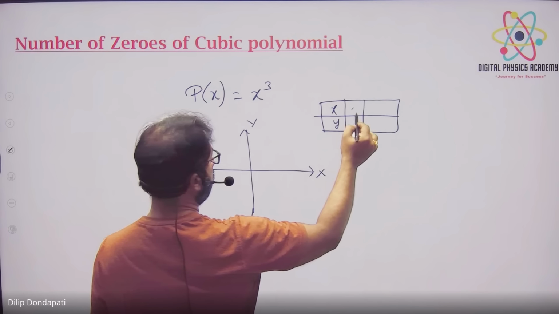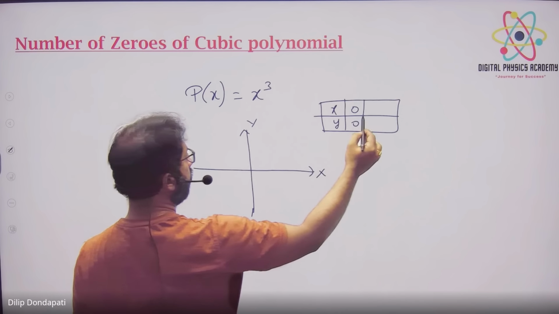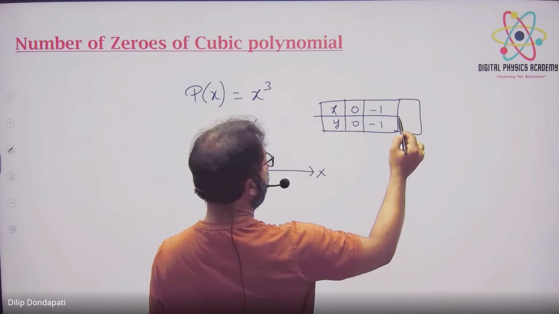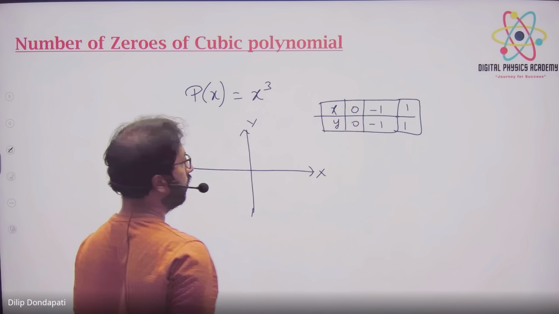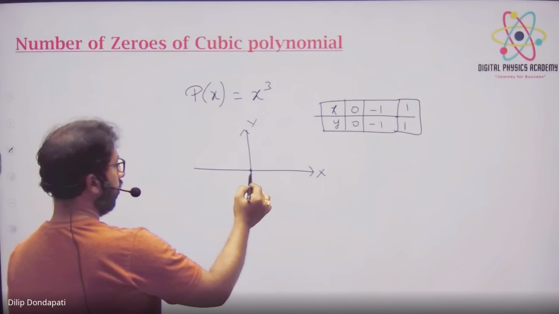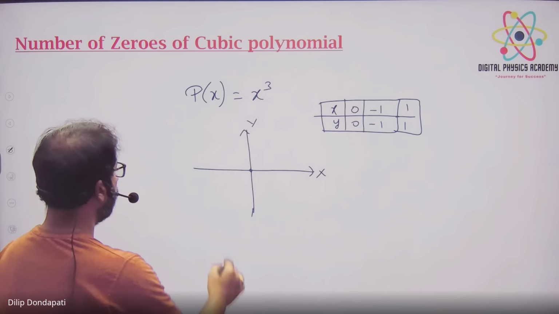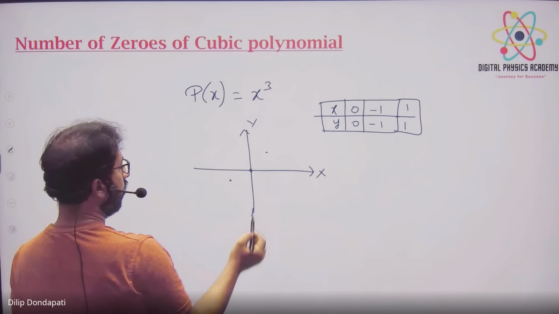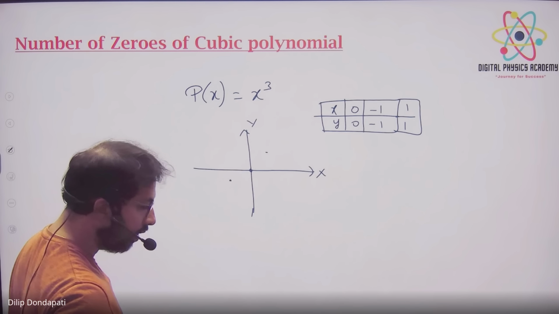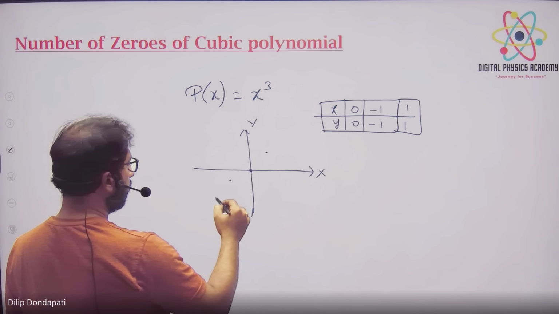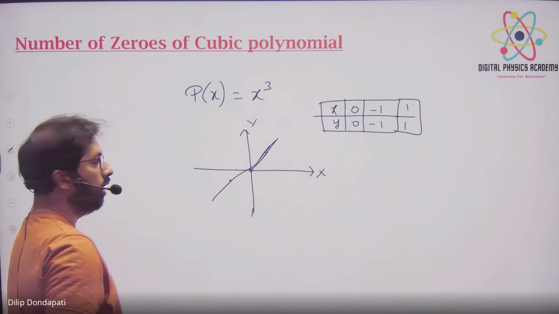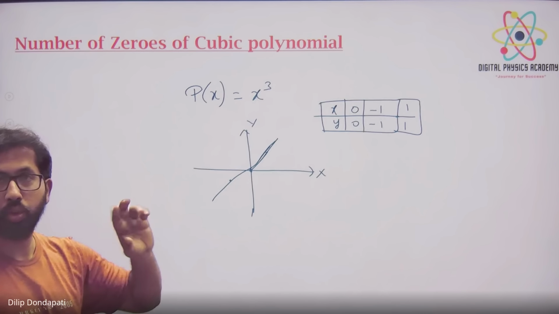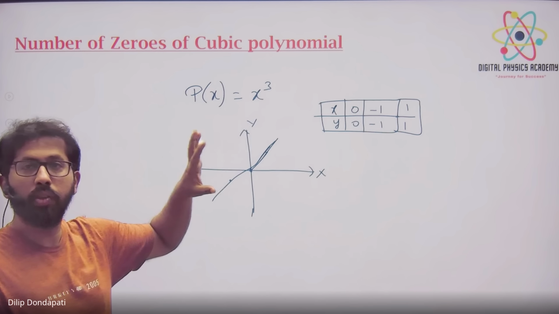If I take x equal to 0, y equal to 0; x equal to -1, y equal to -1; x equal to 1, y equal to 1. So plot. -1, -1 will be somewhere here, and 1, 1. The graph will approximately look like this. Only 1 zero is there. So a cubic polynomial can have 1, 2 or 3 zeros.